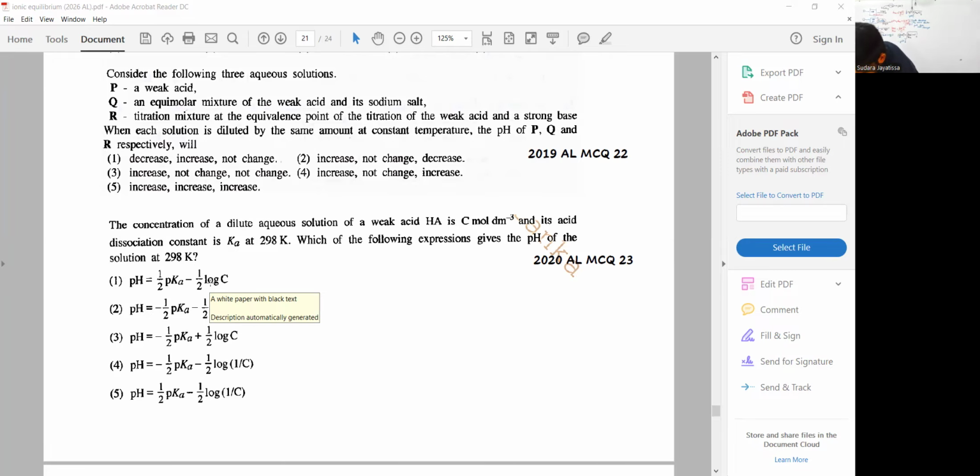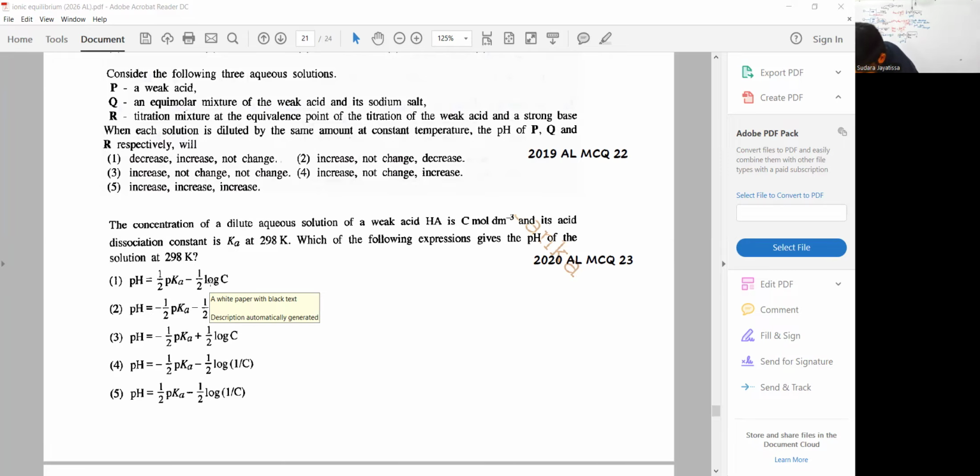But you can write the same thing using half power: Ka to the power half, C to the power half. Now it is easy to convert this into pH. What you need to do is minus log to the base 10 of H3O plus. And then this half comes to the front.